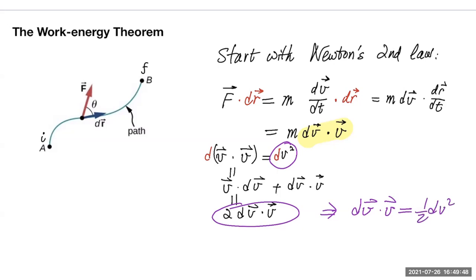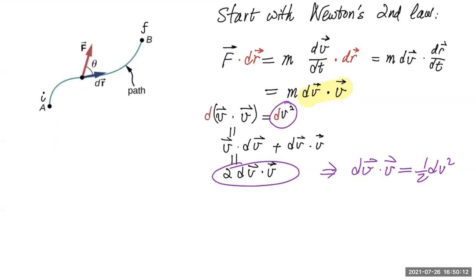There is no vector anymore. The 1/2, of course, can be taken into the differential. So it's d of 1/2 v squared. At this point, I'm assuming the mass doesn't change. In fact, if the mass does change, F is not even equal to ma anymore. It's a more general expression you'll learn in chapter 9. So since the mass is a constant, I can take the mass m into the differential as well.